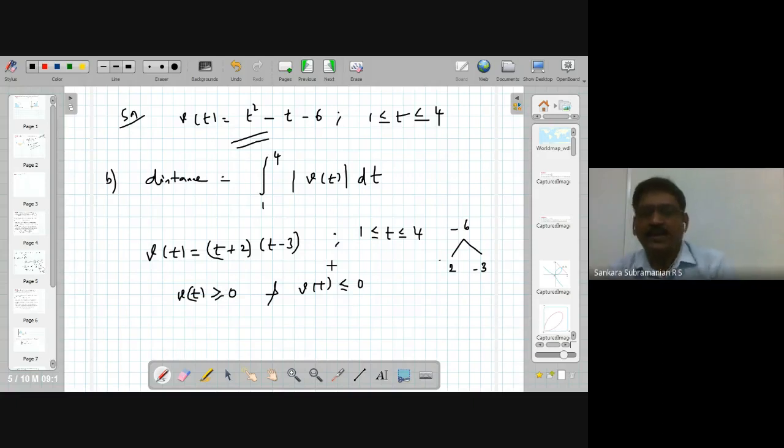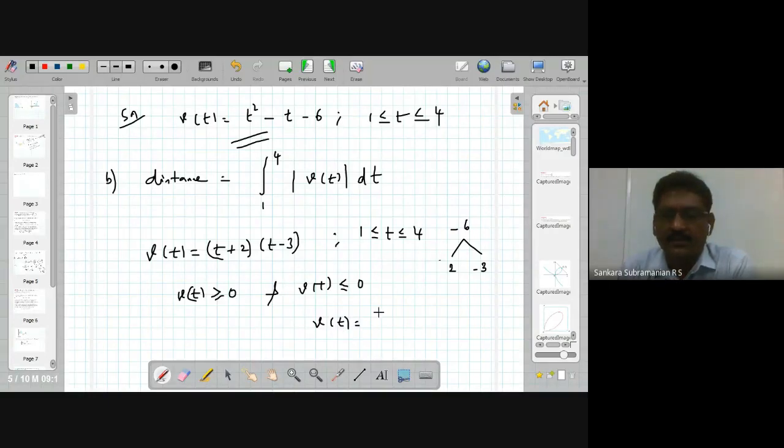So don't talk about the negative values of t. You have to define that modulus of V of t equals minus V of t, and this is plus V of t. The question is, what is the bound for t?